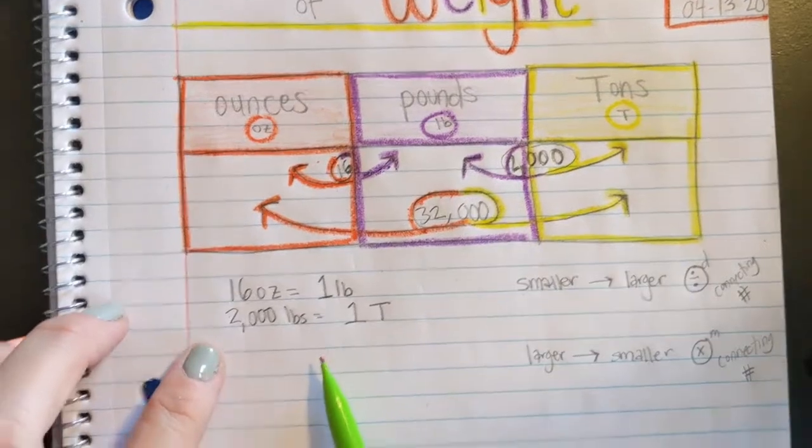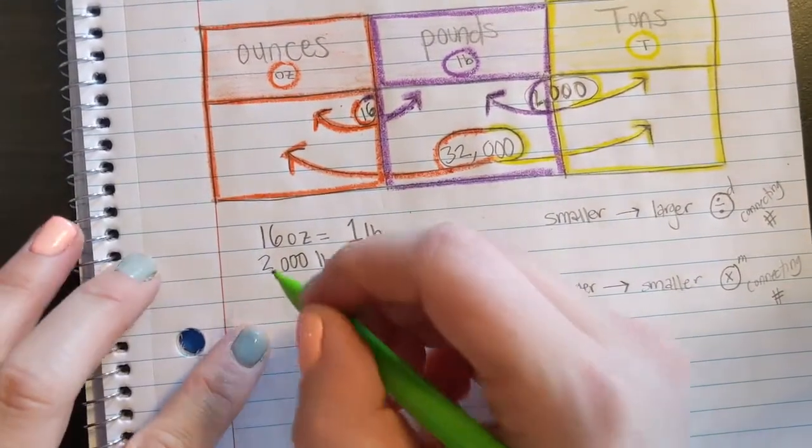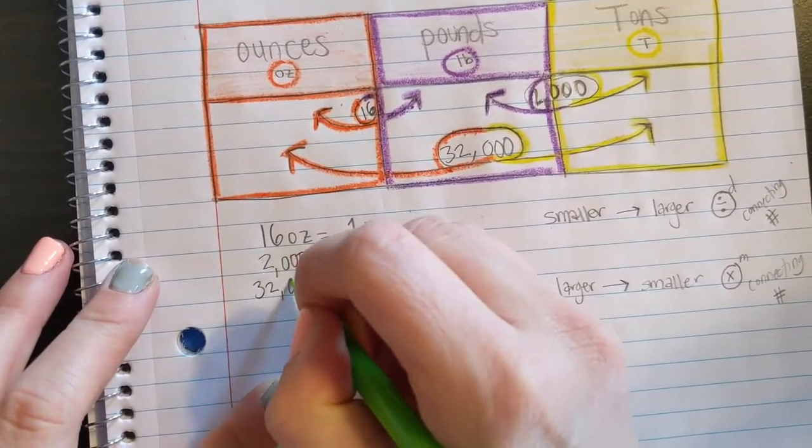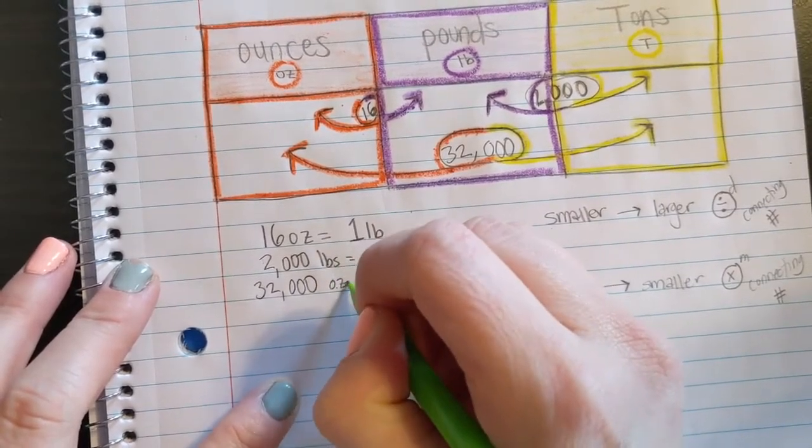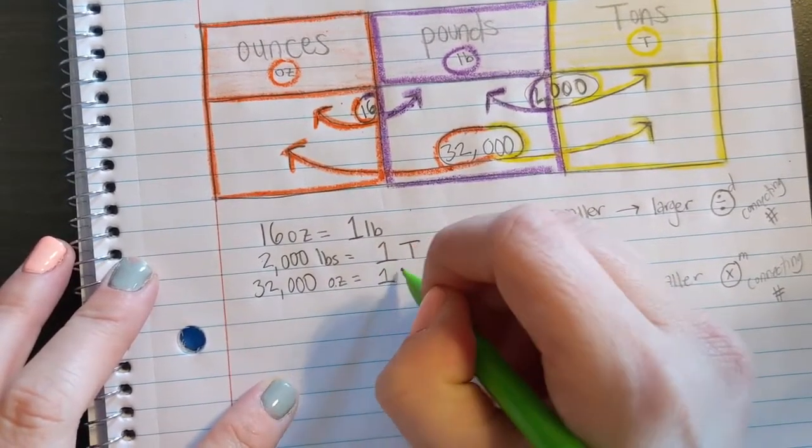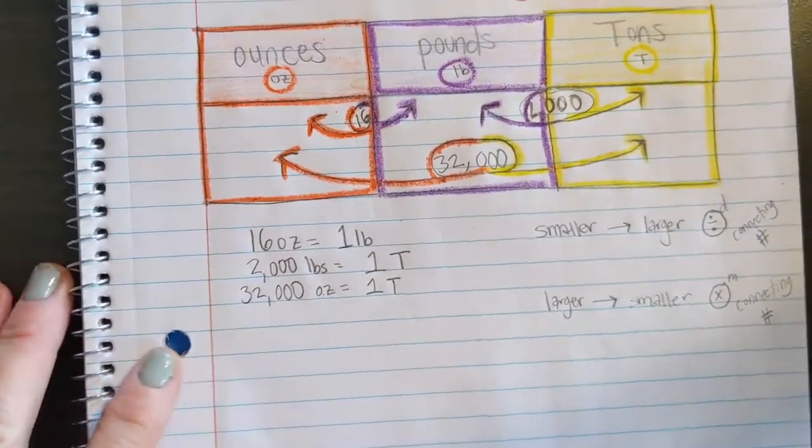So let's go ahead and write that. We already wrote the pounds into tons, so now we need to do, there are 32,000 ounces in 1 ton.